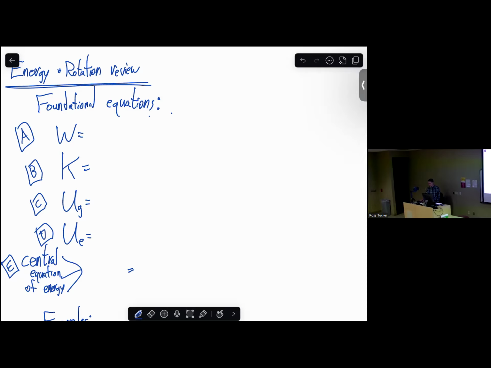Again, please pay attention to the context. Not talking about weight. Give me the equation relating these terms in this context. And I'm not looking for their names. If I say foundational equations, you should tell me the equation.